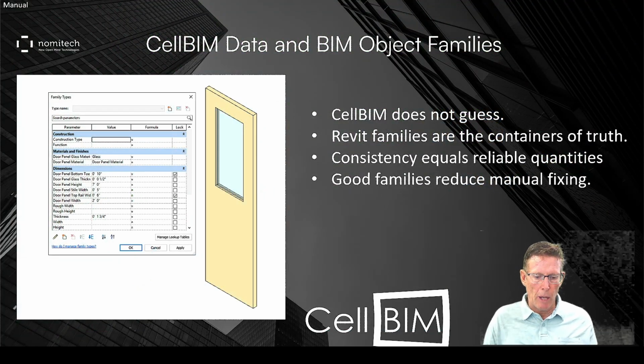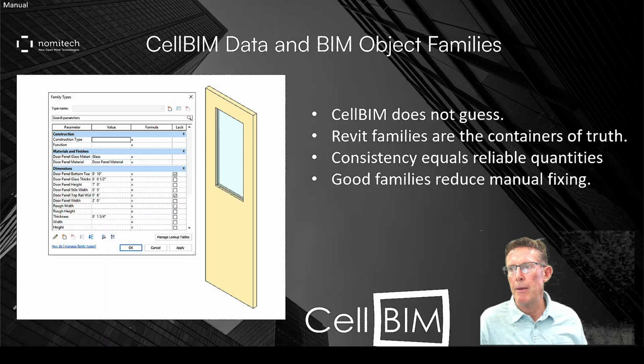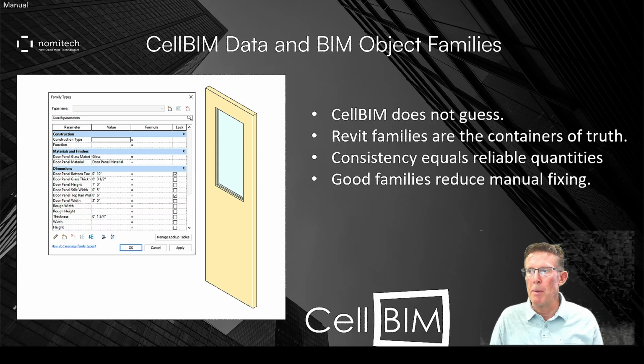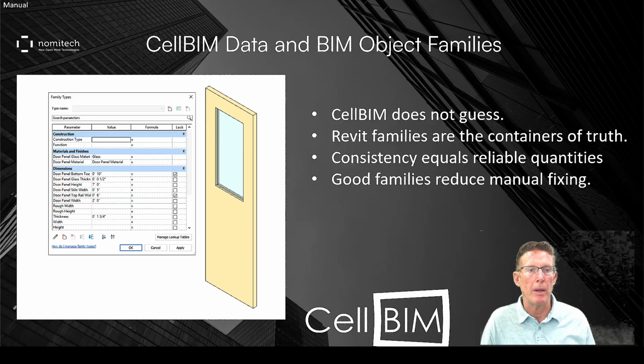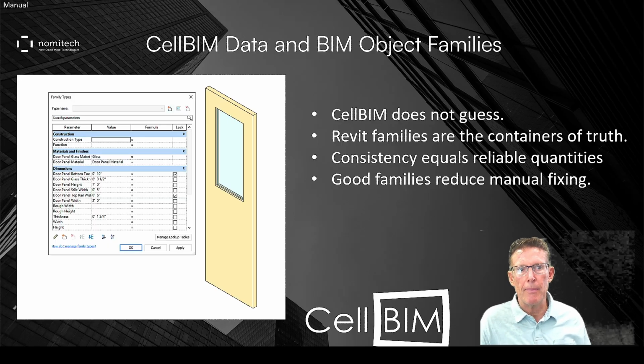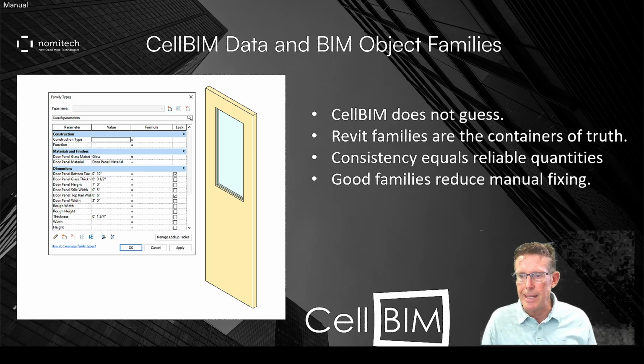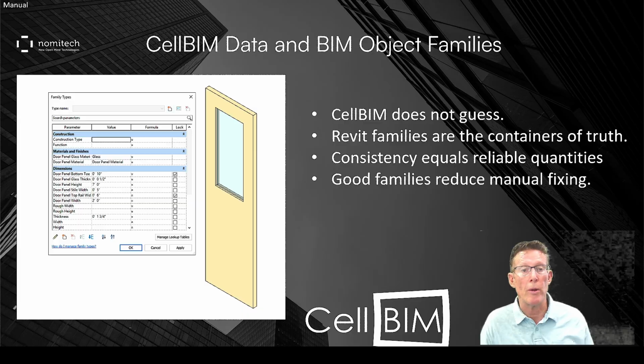If we are going to look at CellBIM data versus how BIM object families work with CellBIM and the data that we give it, it's important to understand that CellBIM reads data directly from a BIM model, be it a Revit model or an IFC. It does not interpret a drawing like a human does. It reads what the model tells it.